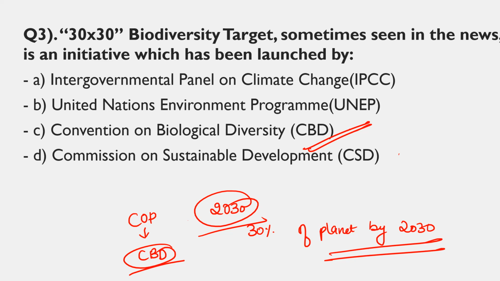Then you can tell some of the challenges related to that. Okay, so that's how you're going to write this answer. 30 by 30 is a very important initiative to protect nature and life on earth, which has significant benefits for biodiversity conservation, climate change mitigation, right?